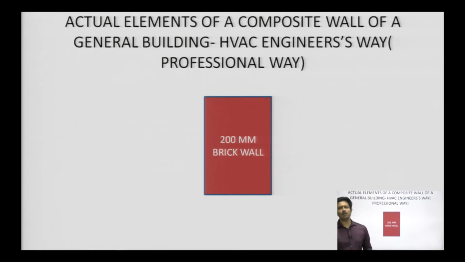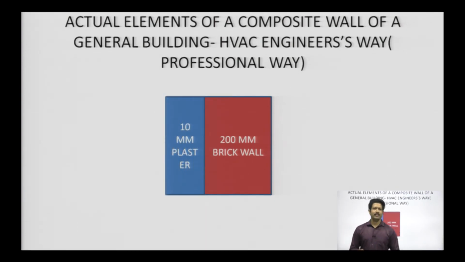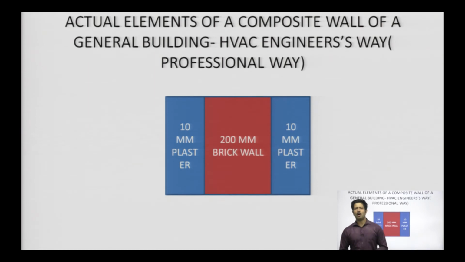See, it's written: actual elements of a composite wall of a general building, the HVAC engineer's way, that is, the heating, ventilation and air conditioning engineer's way, the professional way. So I have taken a 200 mm brick wall, then 10 mm of inside plaster, then 10 mm of outside plaster. These are the actual elements.